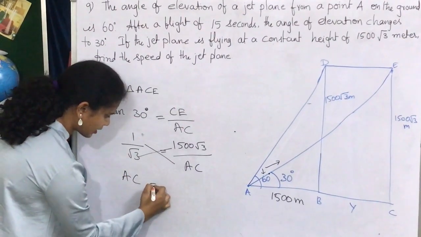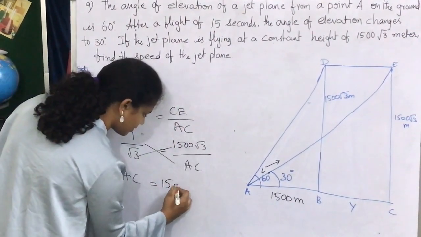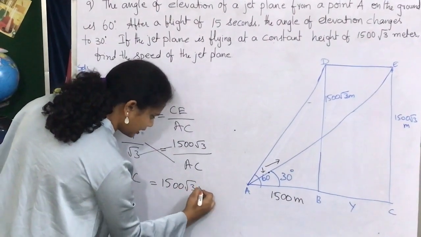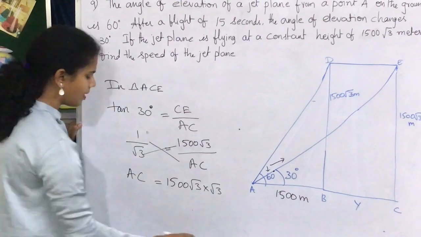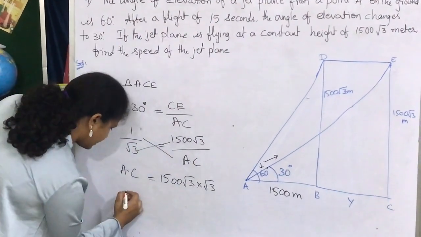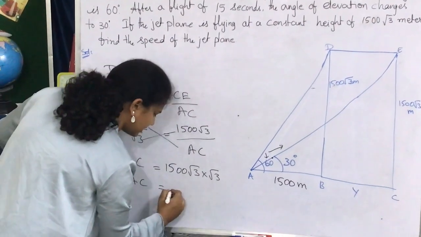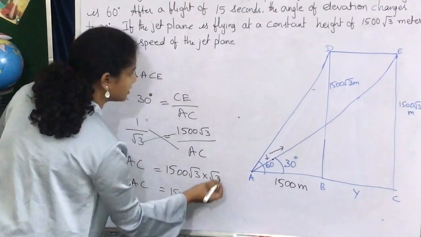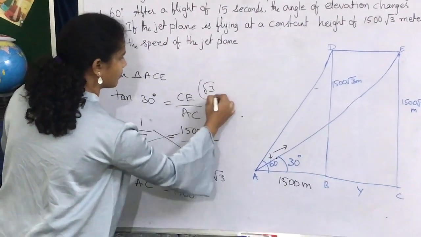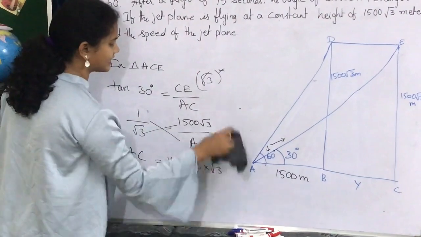Now here by cross multiplication we get AC equals 1500 root 3 into root 3. Done. Now root 3 into root 3 gives root 3 whole square, where the square root gets cancelled, we get 3.